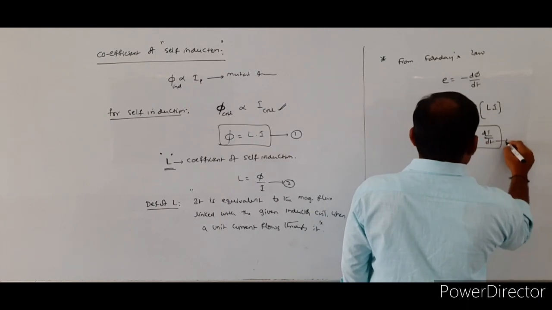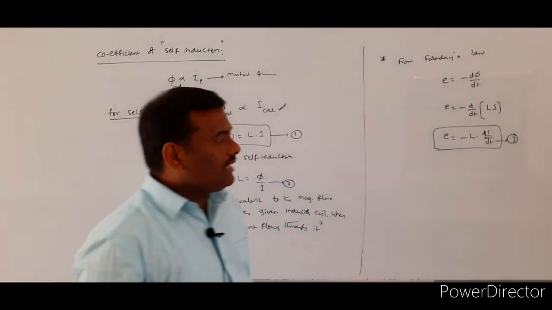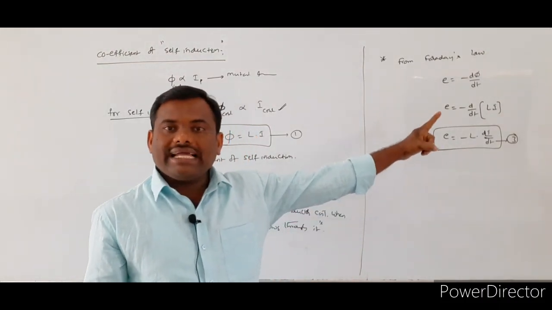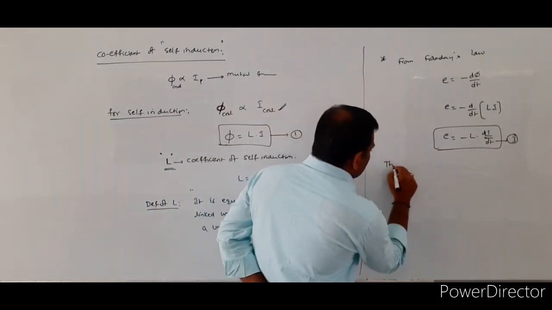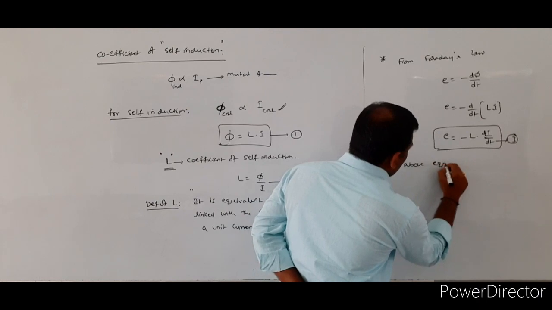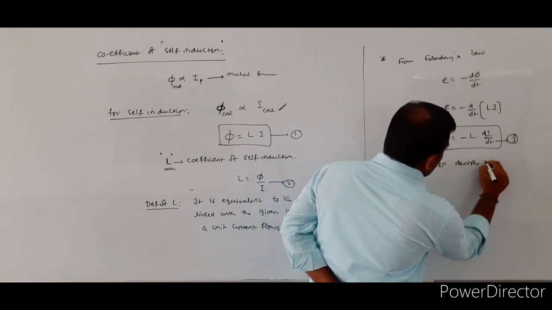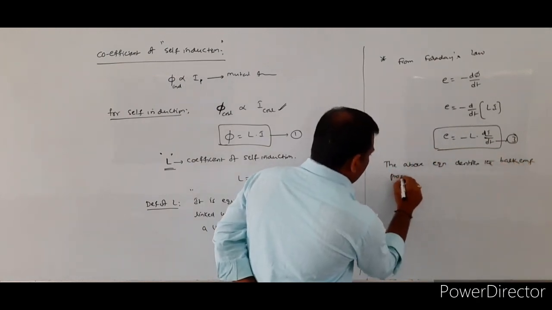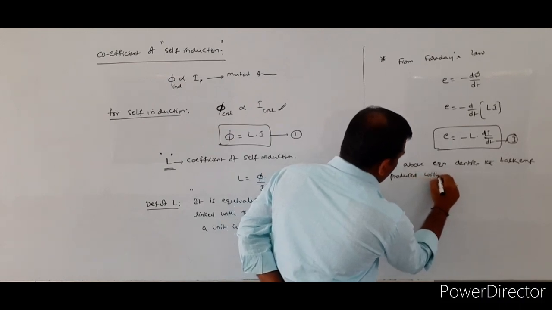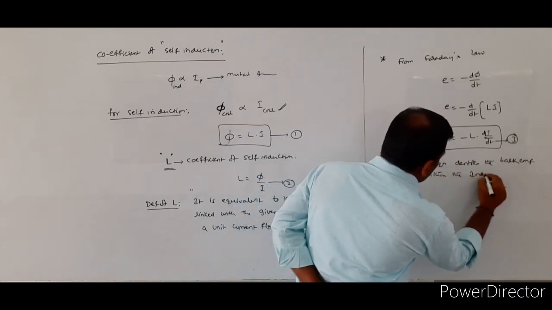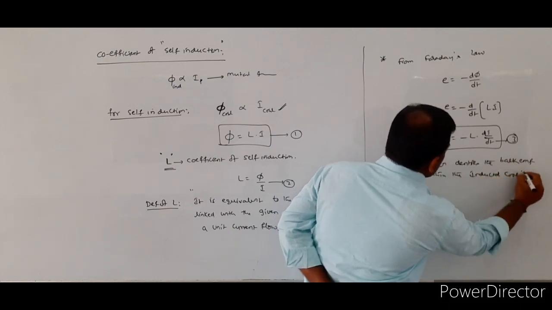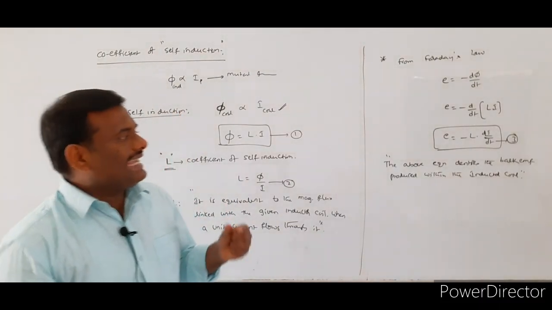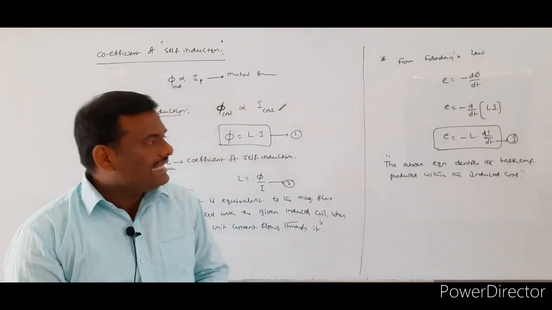So the above equation gives the expression for the back EMF, that is, the amount of back EMF produced within the given inductor coil.